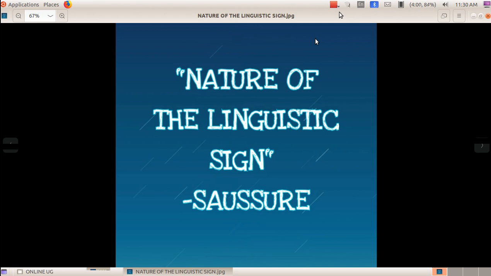This theory of structuralism has its root in the thinking of the Swiss linguist Ferdinand de Saussure. Okay, so his major ideas contributed to this theory. He was a key figure in the development of modern approaches to language study.